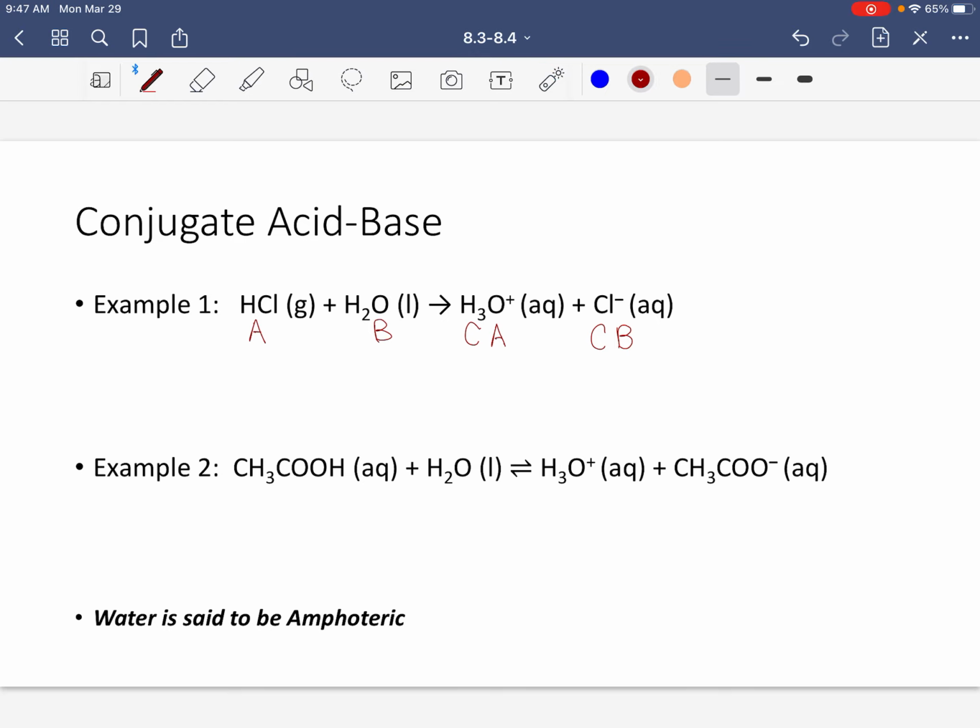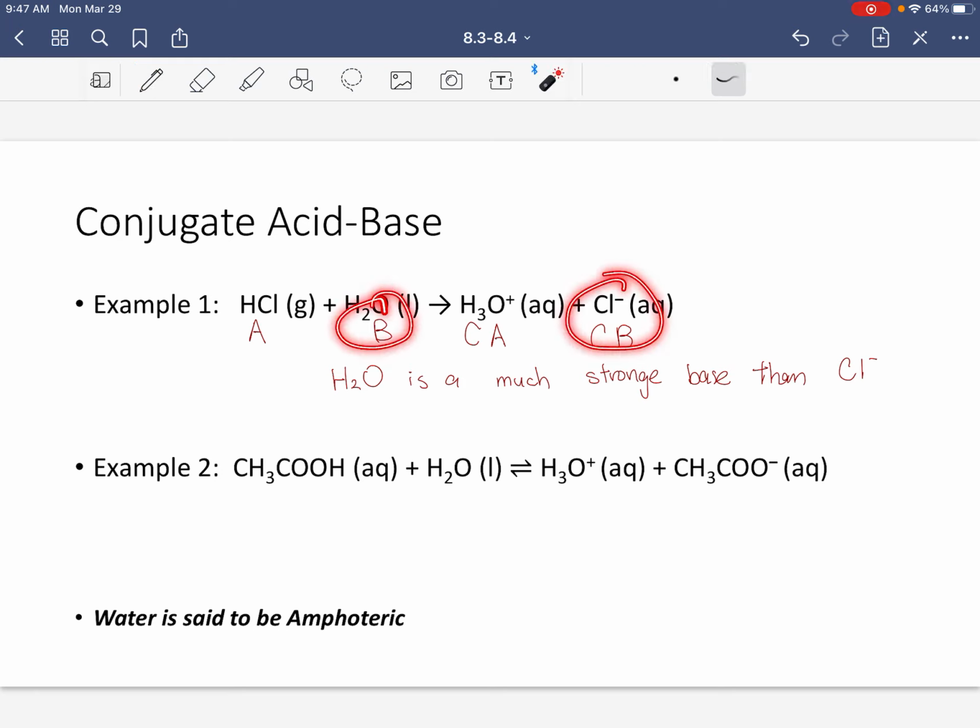What makes a strong acid strong is that H2O is a much stronger base than Cl minus. These guys are both bases, but this guy's a stronger base. This guy says, I pick up H way better than you. I pick up protons more often than you.